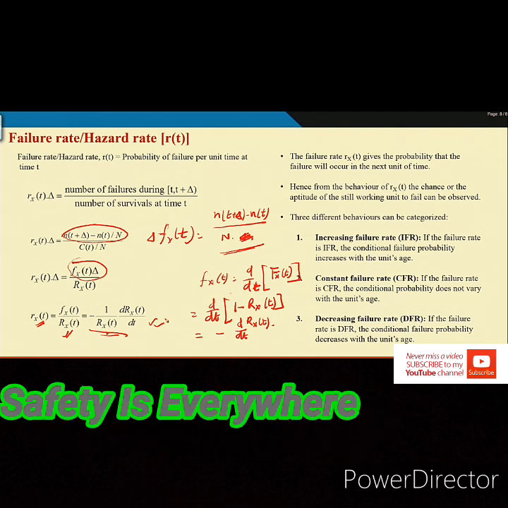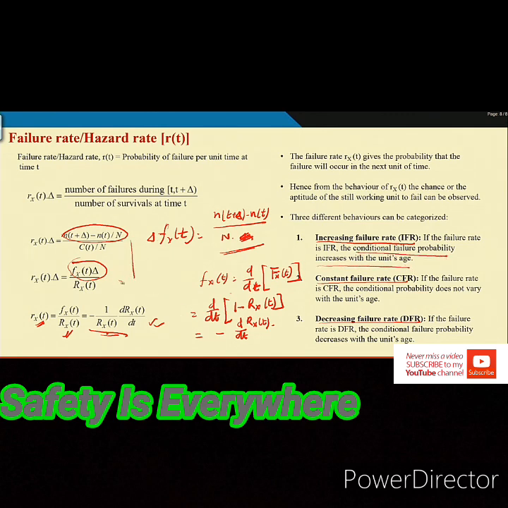Interestingly, it basically gives three important explanations: increasing failure rate, constant failure rate and decreasing failure rate. Depending on this, if it is increasing, then the conditional failure probability increases with age.